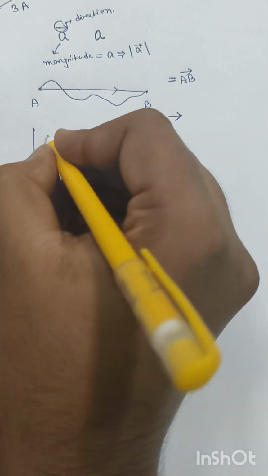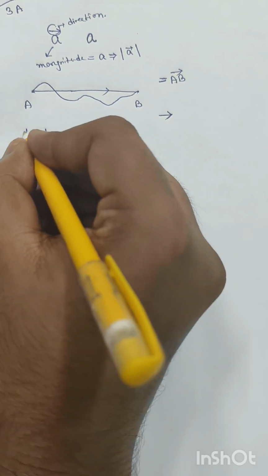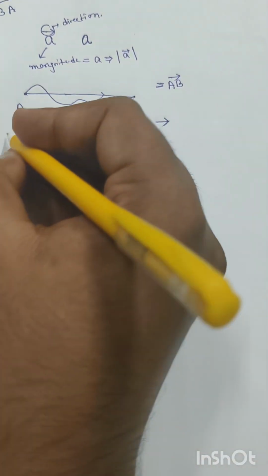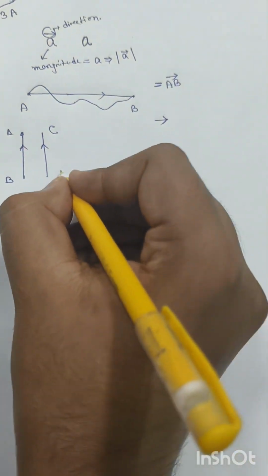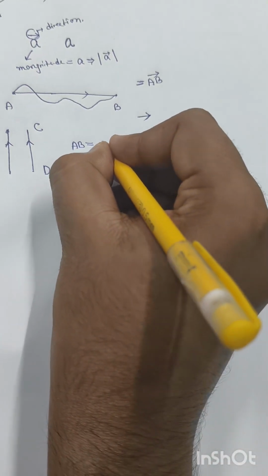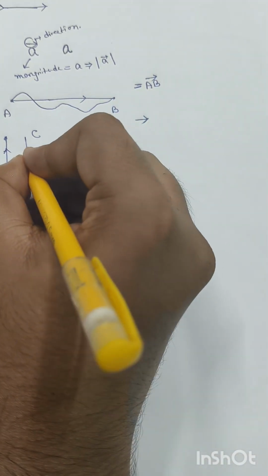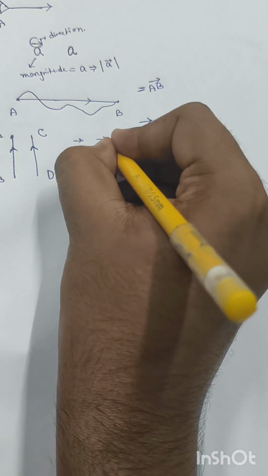Like we draw two lines AB and CD, or AB equal to CD, and here you can find their direction is the same, so they are equal vectors.